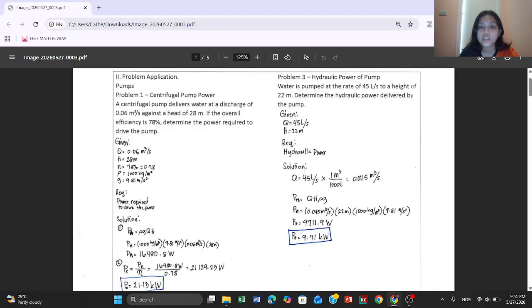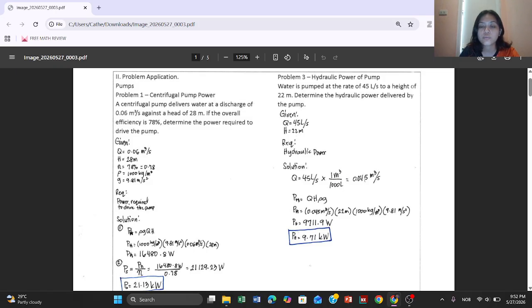For the solution, first let's convert the given flow rate from liter per second to cubic meter per second. We can get 0.045 cubic meter per second, since 1,000 liters is 1 cubic meter.